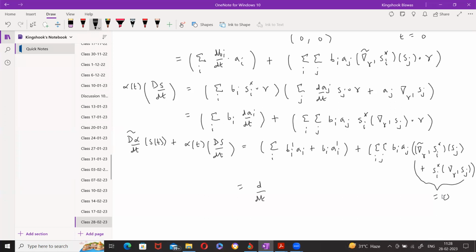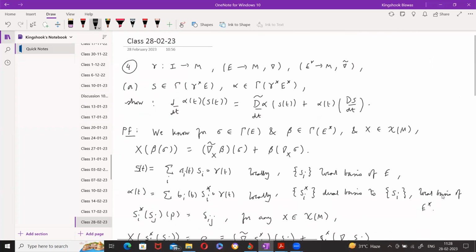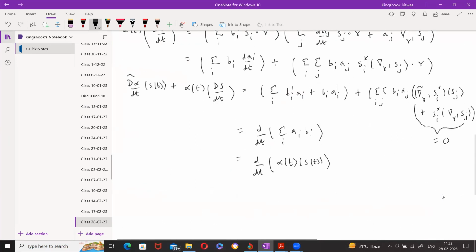So this is d/dt of sum over i ai bi. And ai bi is nothing but alpha acting on S, right? Because S was summation ai Si, alpha was summation bi Si star. So alpha acting on S will be summation ai bi. Is that clear?